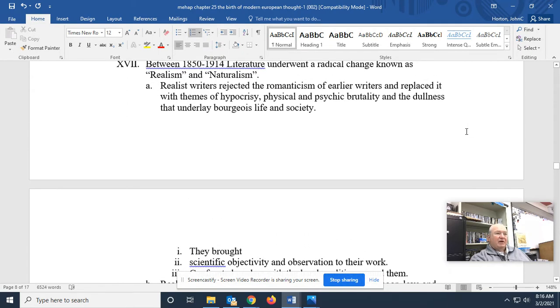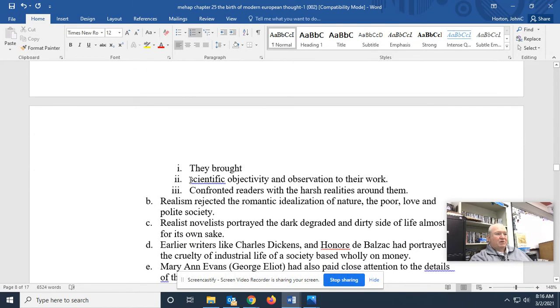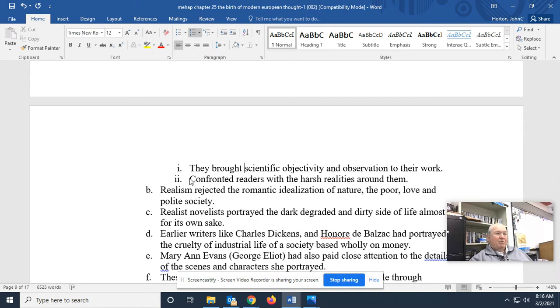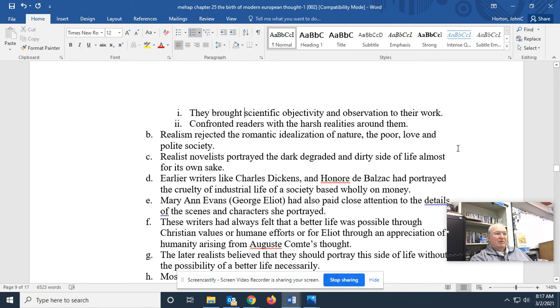Realist writers rejected, and this should be, forgive me, they brought scientific objectivity and observation to their work, these writers. They confronted readers with the harsh realities around them. Realism rejected the romantic idealization of nature, of the poor, love, and polite society.